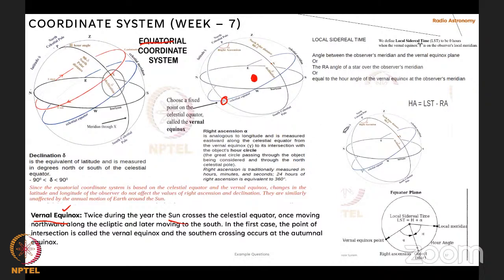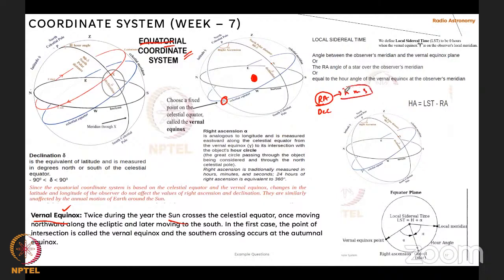There are some things you should know. There are two terms in the equatorial coordinate system, RA and DEC: right ascension and declination. RA represents longitude in this coordinate system, and its unit is hours, minutes and seconds.